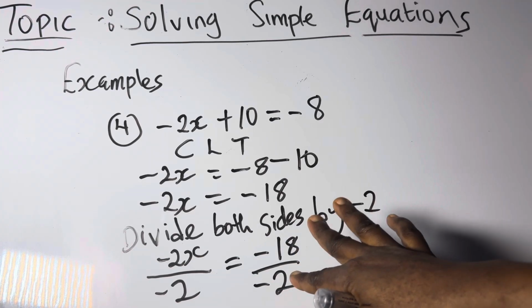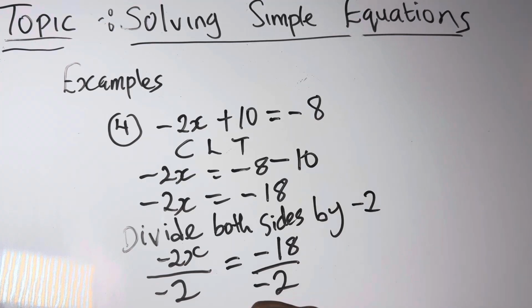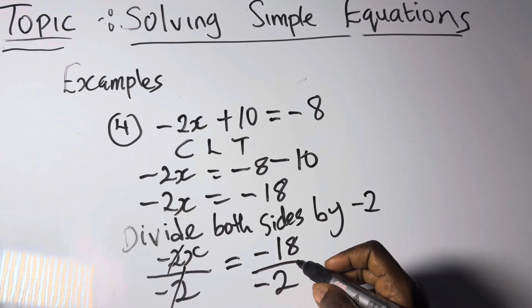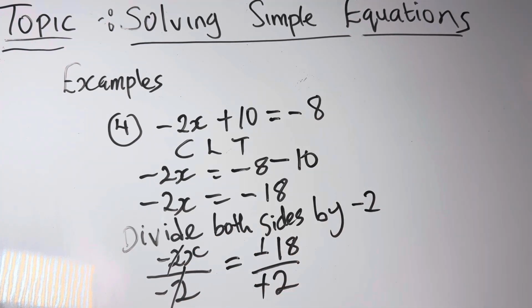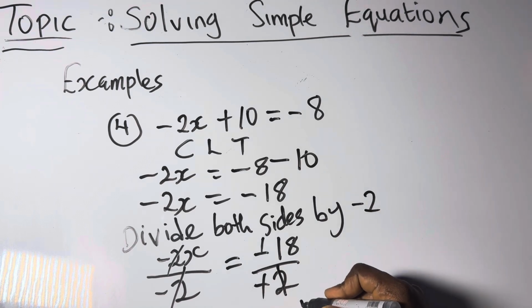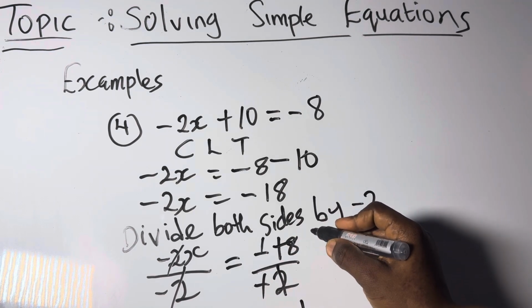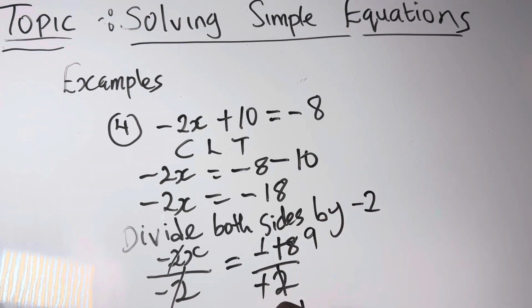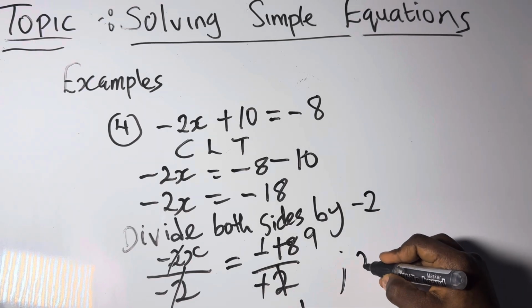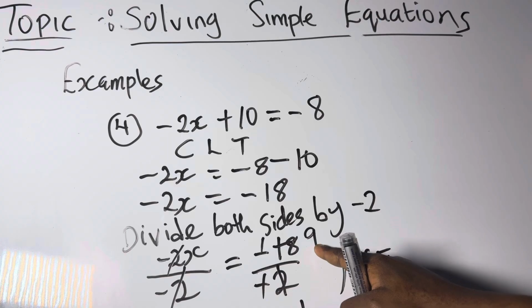Now, we divided both sides by a negative 2. This cancels this. Minus cancels minus. 2 here 1, 2 in 18 gives 9. So, the final answer is x equals 9.